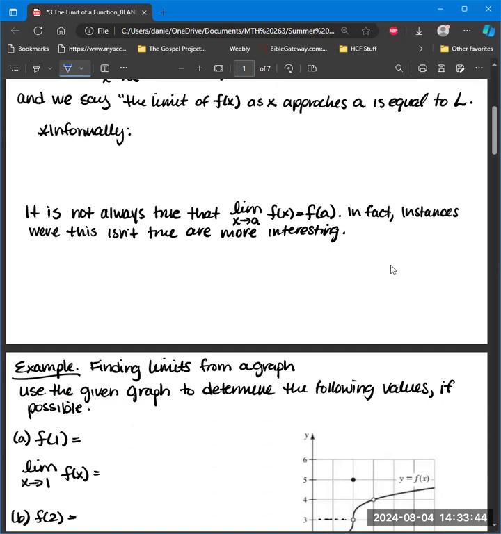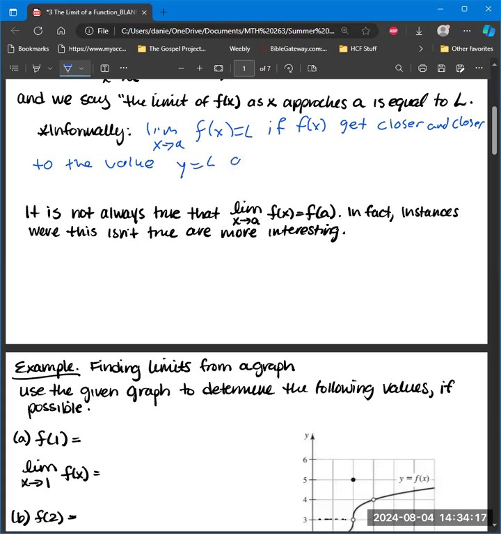All right, so informally, the limit as x approaches a of f of x equals L if f of x gets closer and closer to the value y equals L, as x gets closer and closer to the value x equals a.